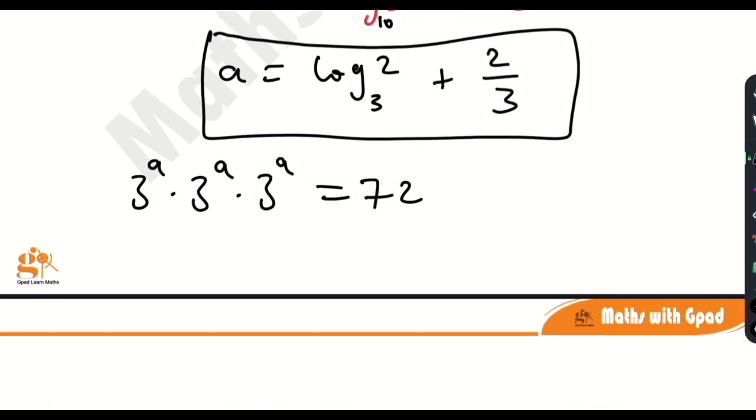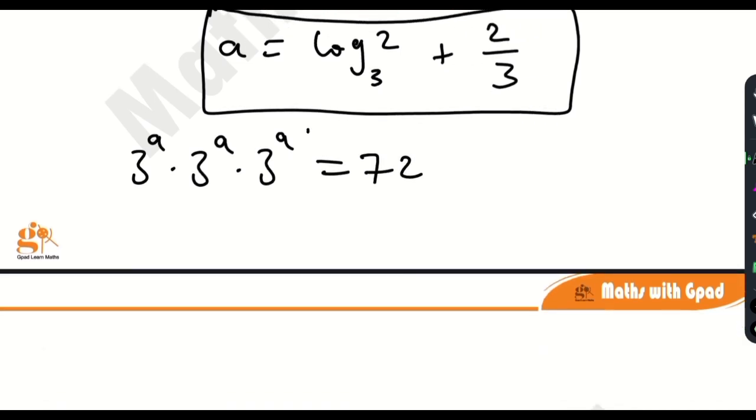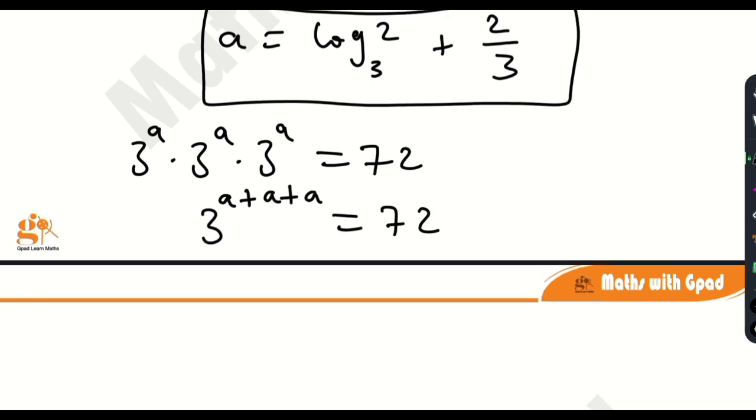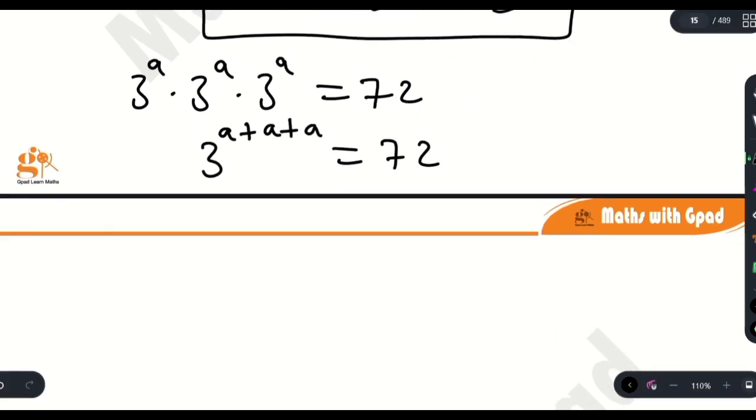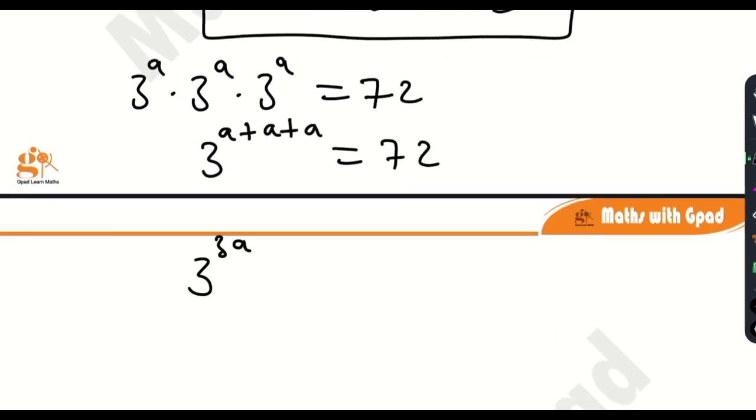Now for ease of testing, I would simplify this one more time, which I did before. It's going to be 3 raised to power a plus a plus a. Remember, we did this before. Which is what? 3 raised to power 3a is equal to 72.